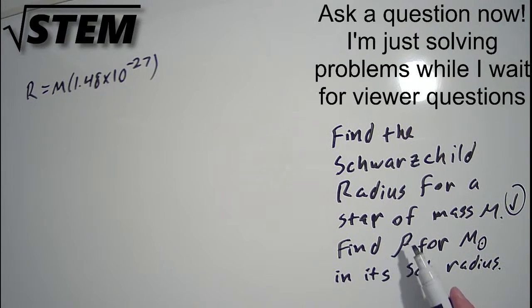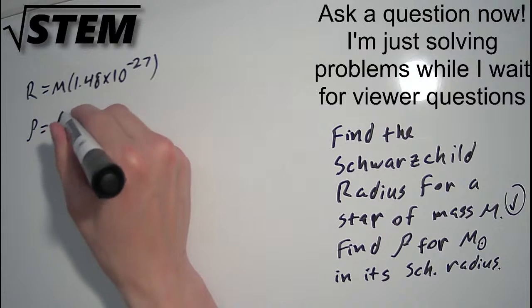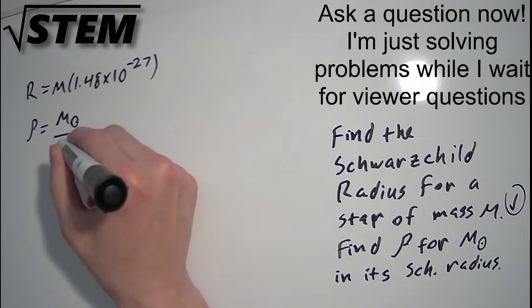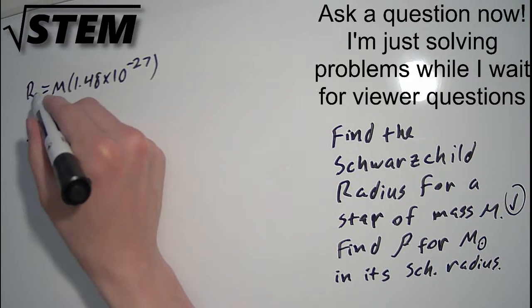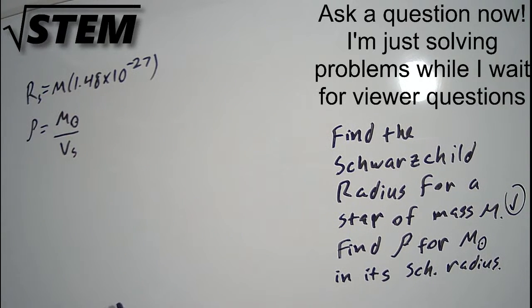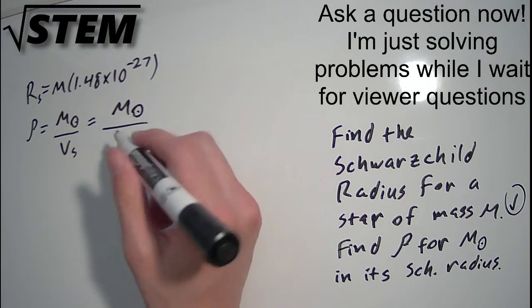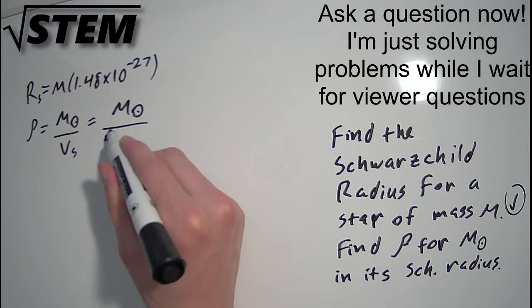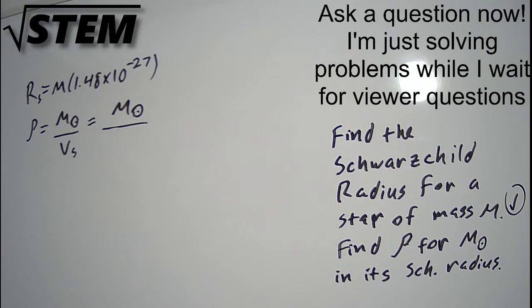Now find the mass density for our sun if it was all contained inside of its Schwarzschild radius. So that mass density is going to be the mass of our sun divided by the volume at the Schwarzschild radius. I'll denote that RS. That's going to be the mass of the sun inside of 4/3 pi r cubed.